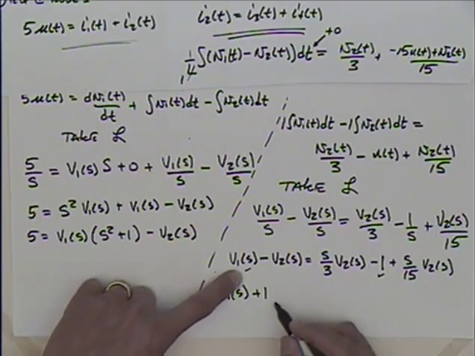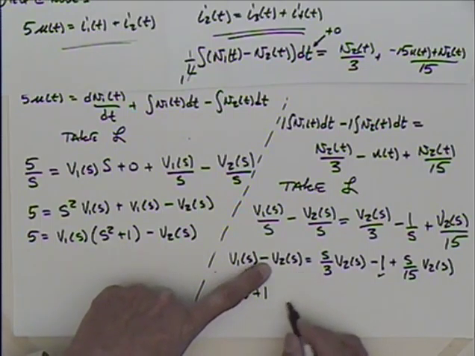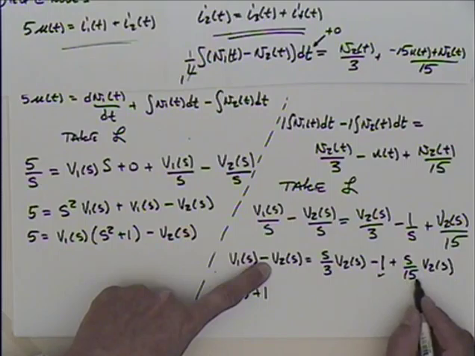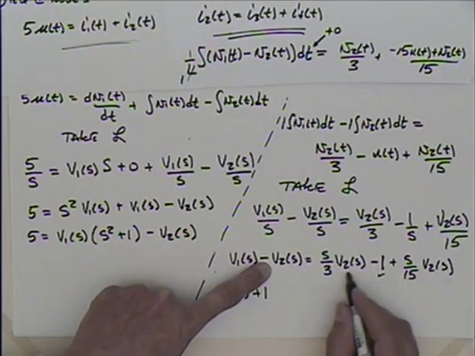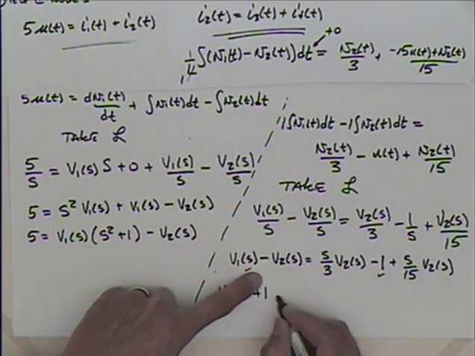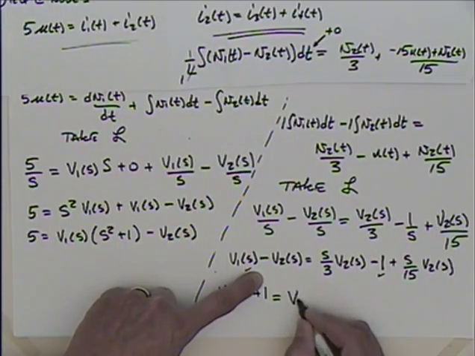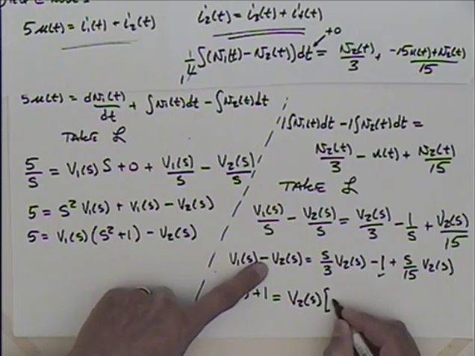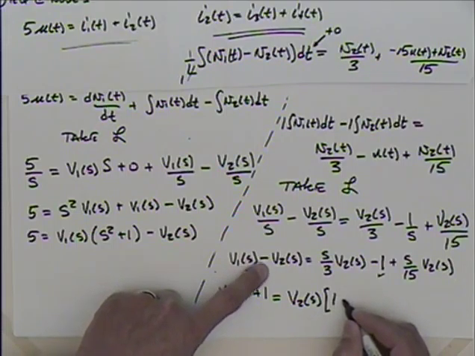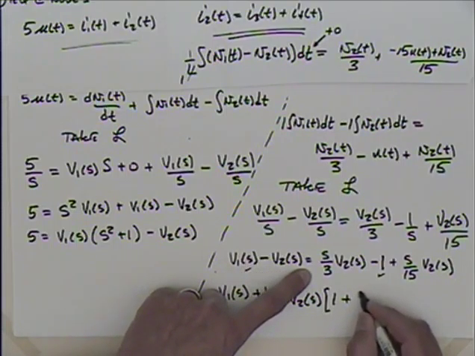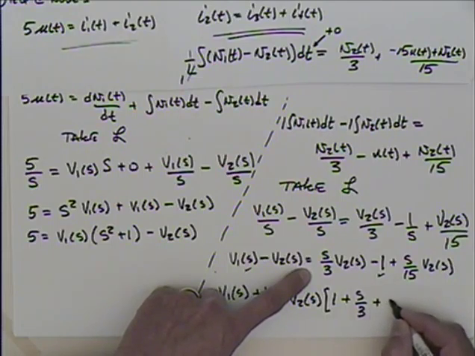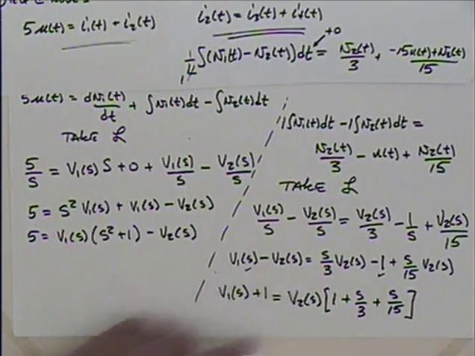Then that's got a V2 in it, that's got a V2, that's got a V2, will become positive on the other side, so I'll put that over there and factor those out. What am I going to have? A 1, and then s over 3, and s over 15, right? I think that's what we've got.